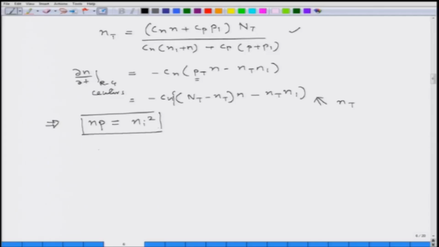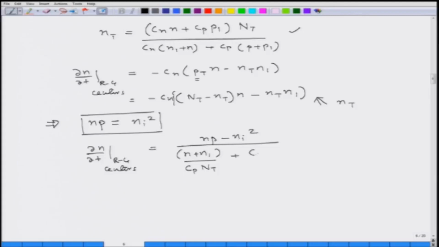If we make that substitution, what I will find is that del n del t due to R G centers can be written as an expression in terms of n p minus n i square, divided by n plus n 1 over C of p, capture coefficient for holes, times total number of trap states, plus p plus p 1, p 1 being that constant we have discussed earlier, divided by C of n capital N t.